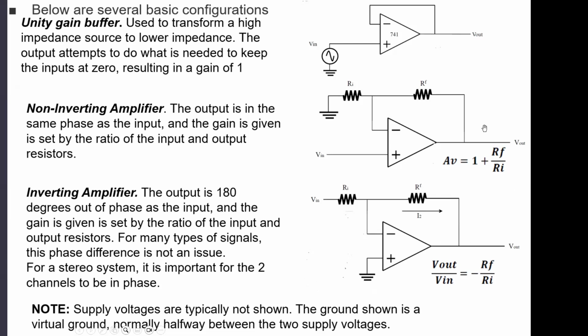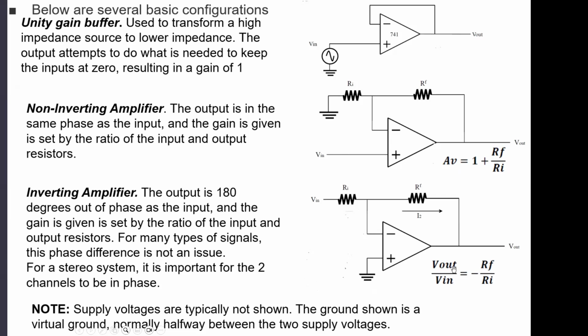It's the magnitude of the output, in this case voltage, so the output voltage divided by the input voltage gives us the gain, right? If the voltage is amplified 5 times, then the gain is 5. So let's say this is 5 volts and this is 1 volt. 5 divided by 1 gives us a gain of 5. Here, the same thing is just expressed in a different way.